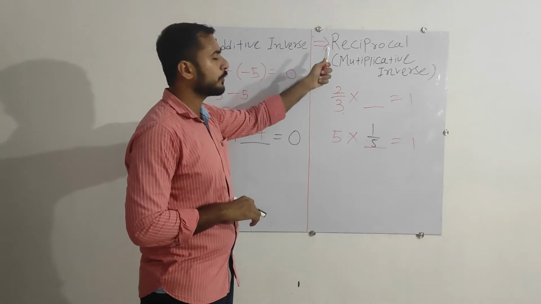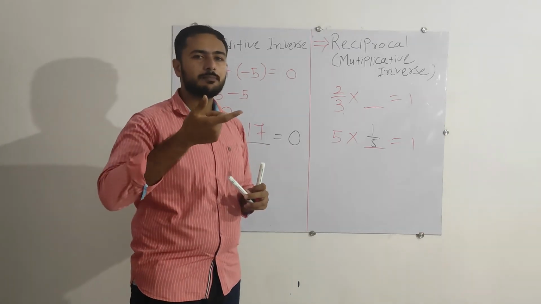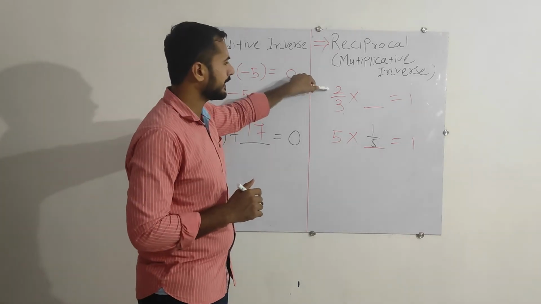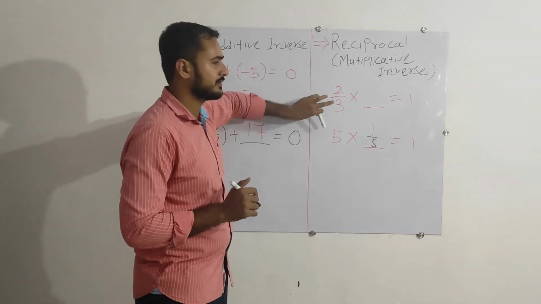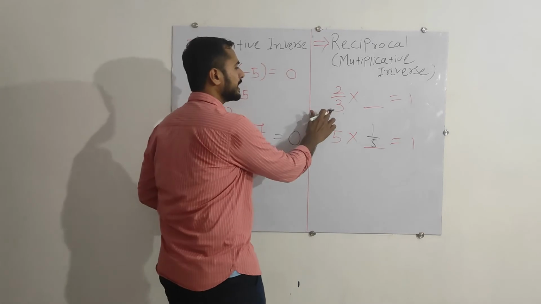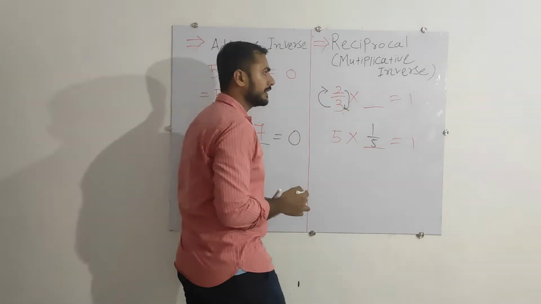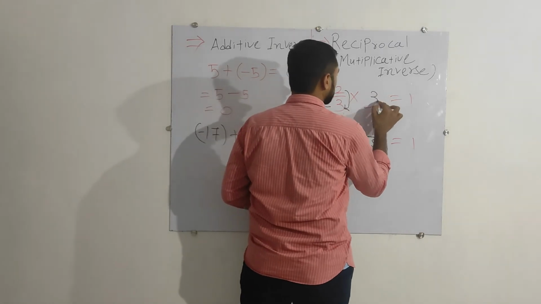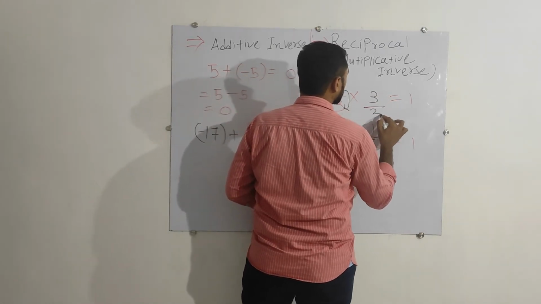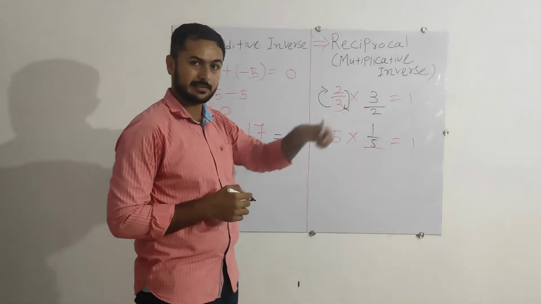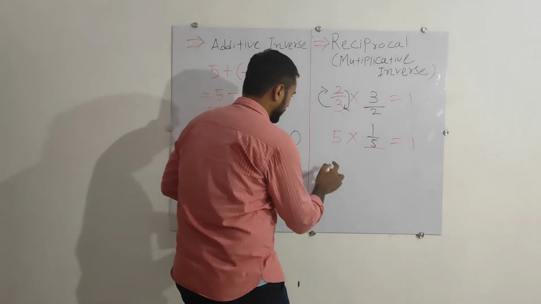In the reciprocal, we shuffle the numbers, it means the numerator and the denominator. The numerator here is 2 and the denominator is 3. Just shuffle that. Now 3 will be the numerator and 2 will be the denominator, that is 3 divided by 2. Just check that: 2 cancels, 3 cancels, and the answer will be 1. For any number, we will do the same.